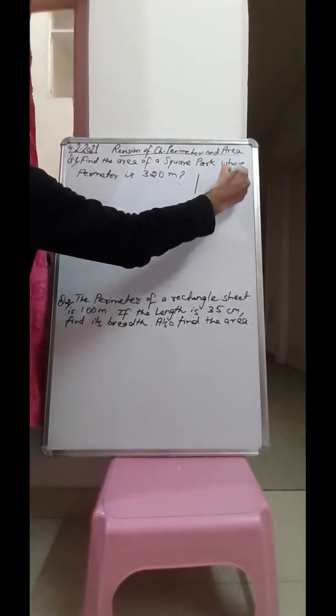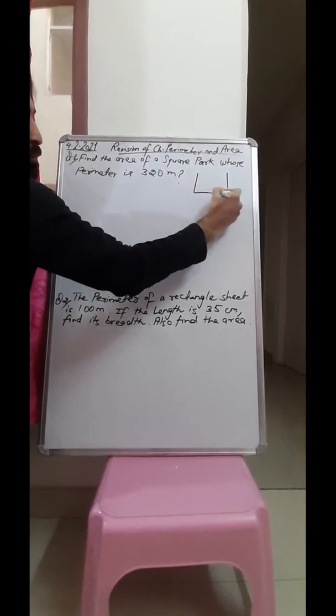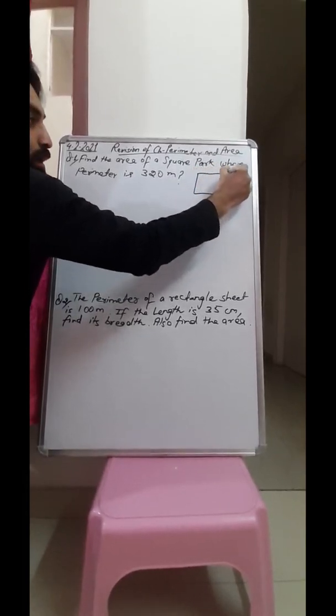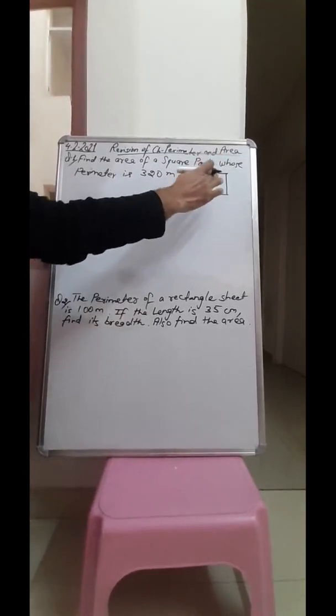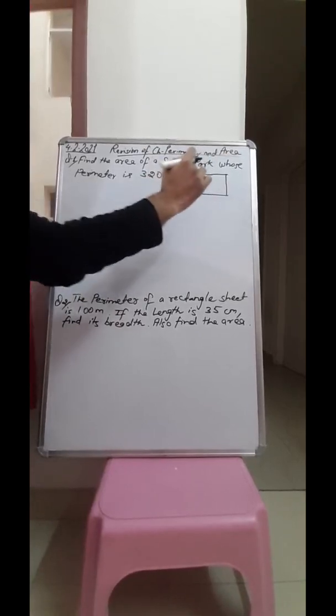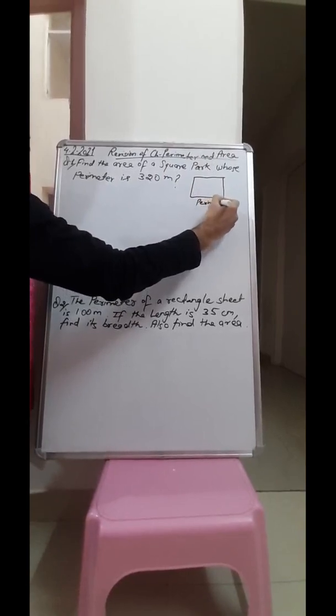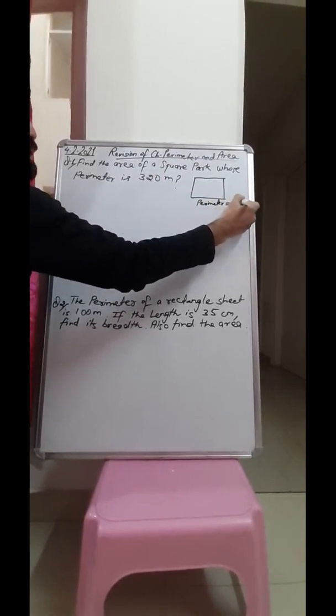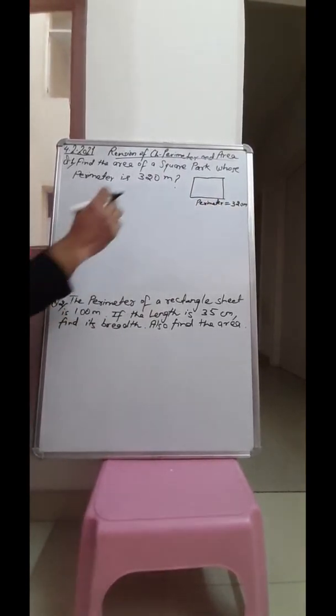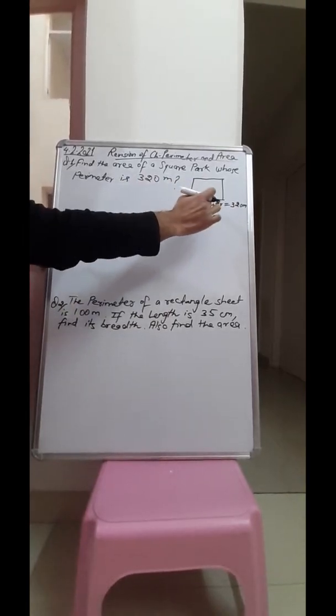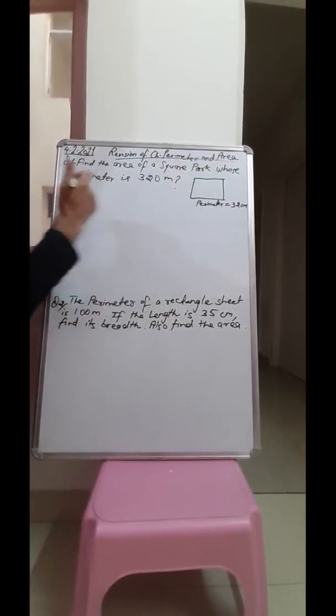So it is a square, and in the square we all know all four sides are equal. Here we have been given a perimeter, that is 320 meter. So we all know that in a square all four sides are equal.